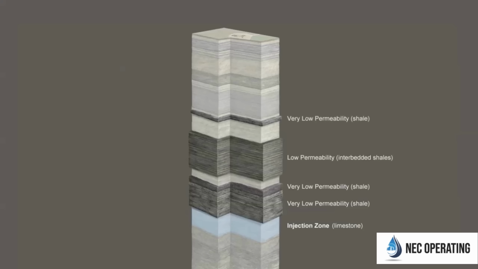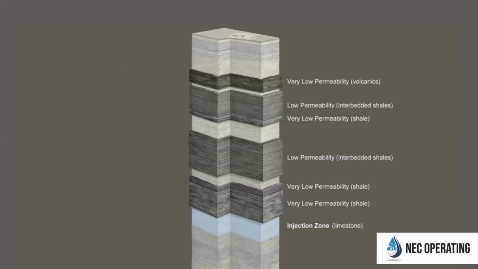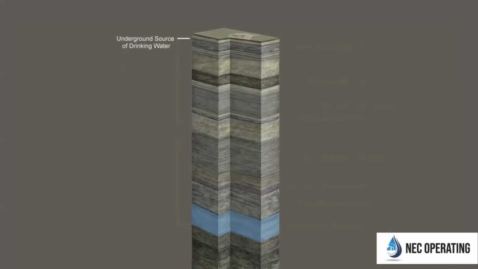Rock formations so dense and so thick that they have held both saltwater and hydrocarbons in place for hundreds of millions of years. In summary, the layers of rock with low permeability total more overall thickness than the permeable layers, creating a massive barrier between the disposal zone and the underground source of drinking water.